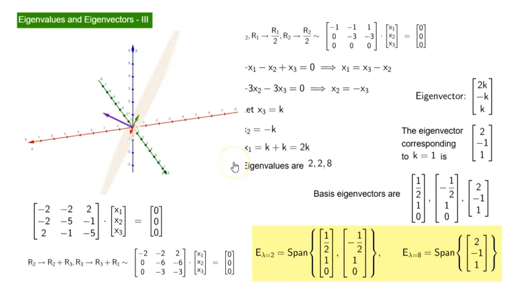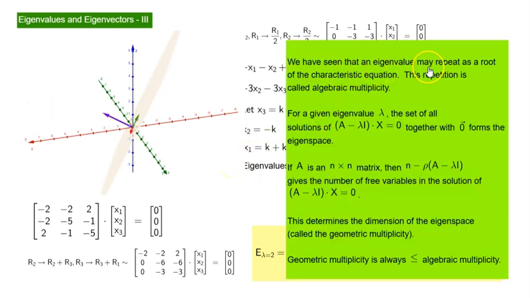Now, we have seen that an eigenvalue may repeat as a root of the characteristic equation. This repetition is called algebraic multiplicity. For a given eigenvalue lambda, the set of all solutions of A minus lambda I times x equal to 0, together with the 0 vector, forms the eigenspace.